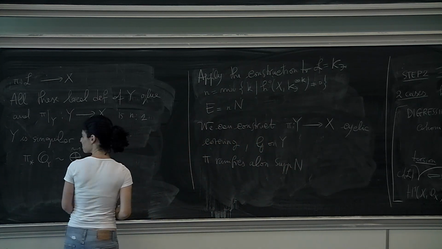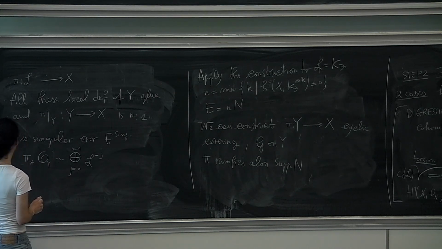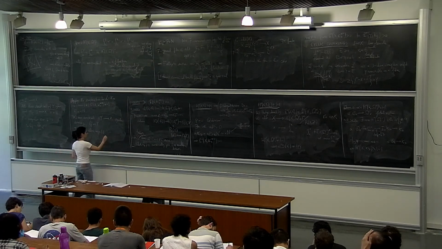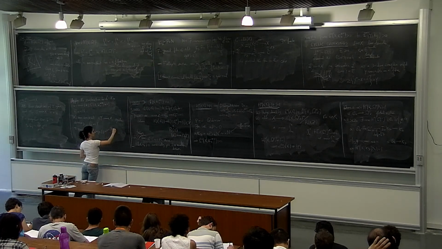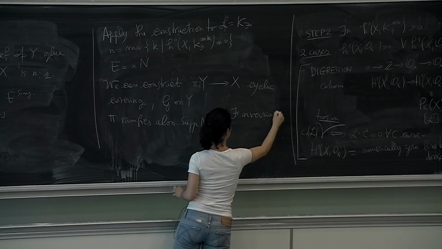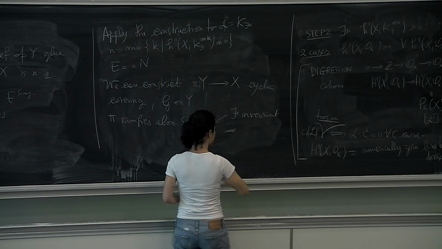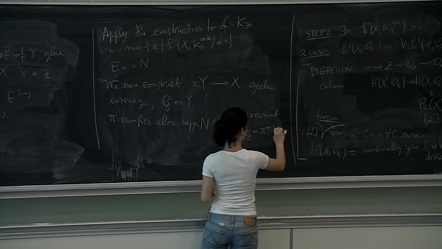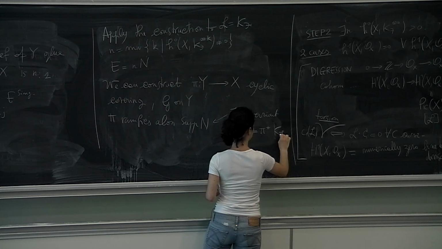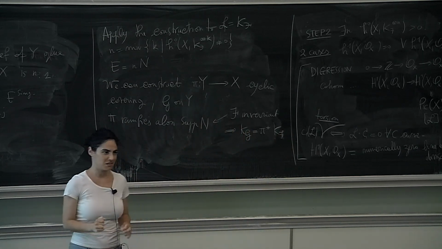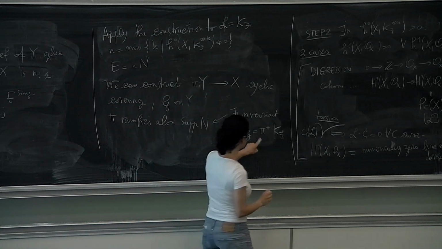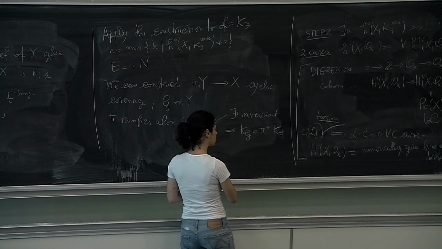So the thing I will not prove is that, since this is F invariant, the canonical of G is the pullback of the canonical of F. And this can be proved with the local one-form point of view.